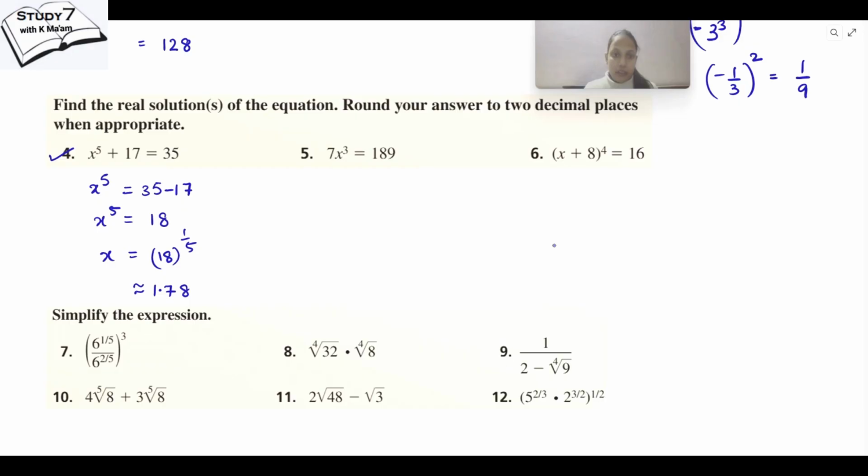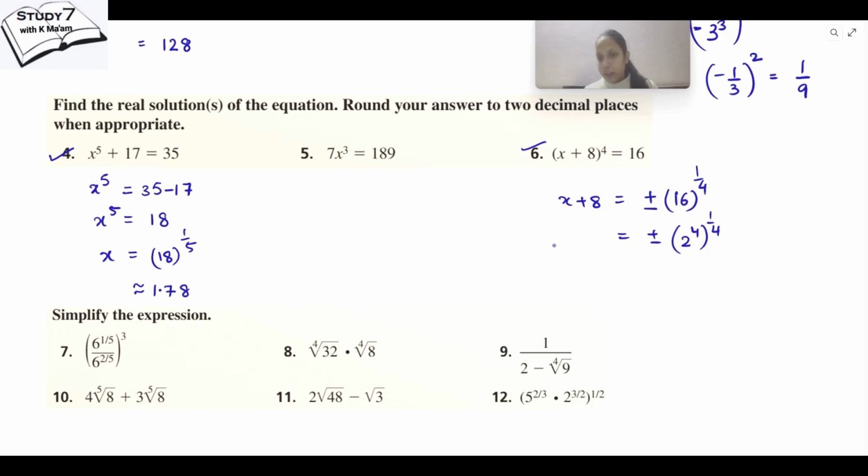Okay. Now look at question number 6. Whenever you remove the even power, you will get two answers, one positive, one negative. 16 to the power 1 by 4. What is 16? 16 is 2 power 4, and the whole power 1 by 4.